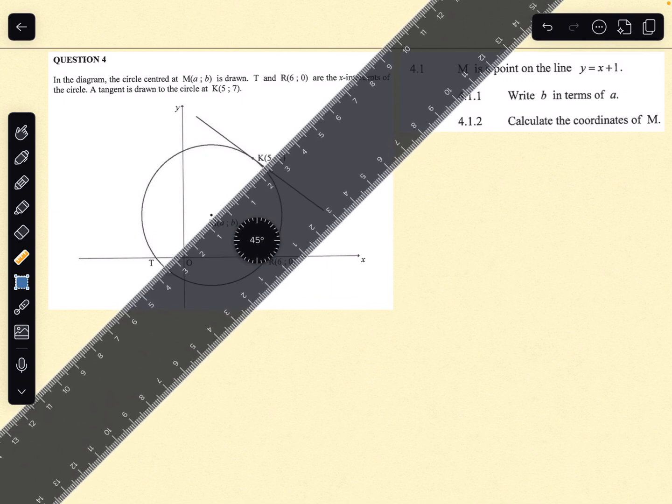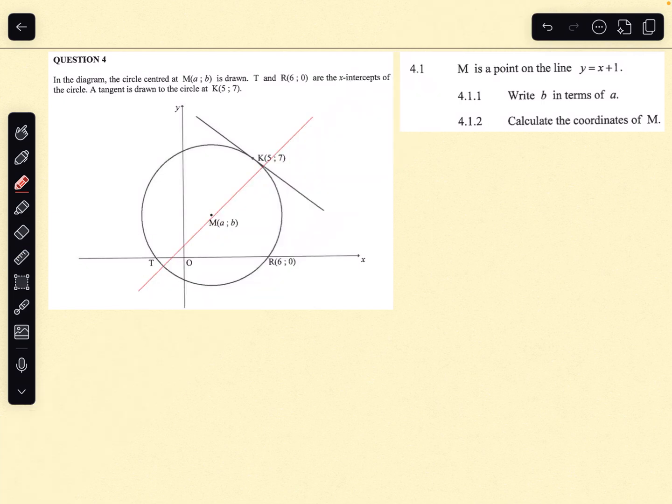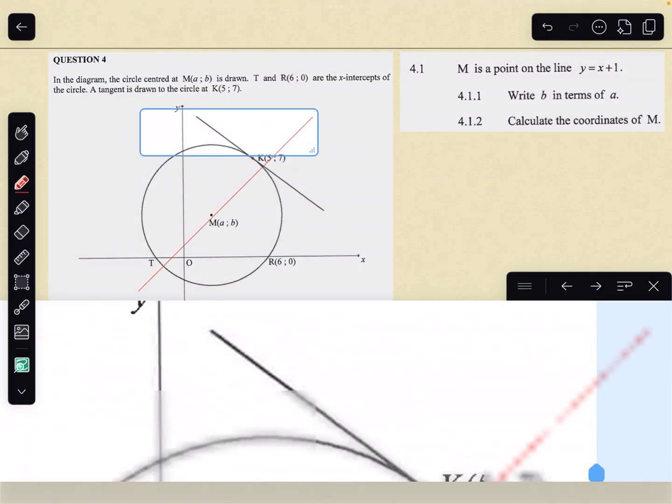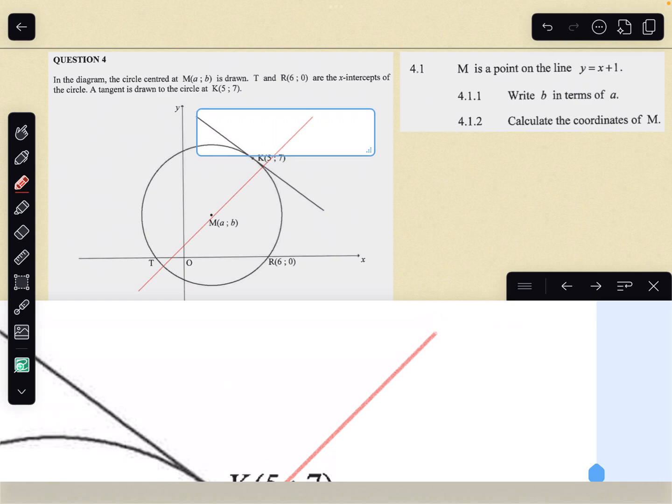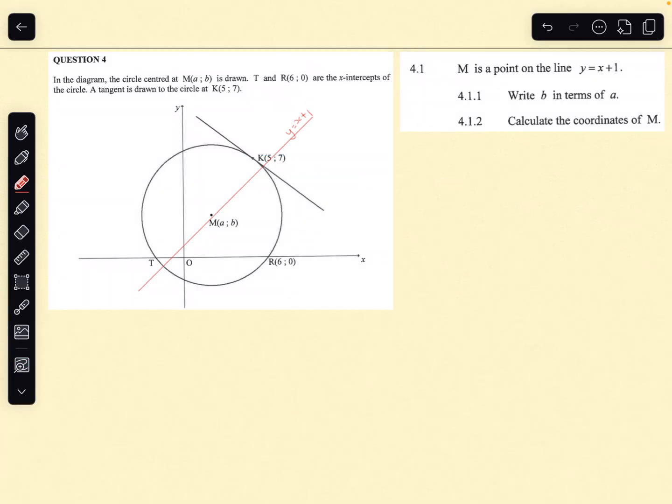This is just for me to get a rough idea of what it looks like. So this is y is equal to x plus 1. Okay, cool. So the first part of the question says write b in terms of a.